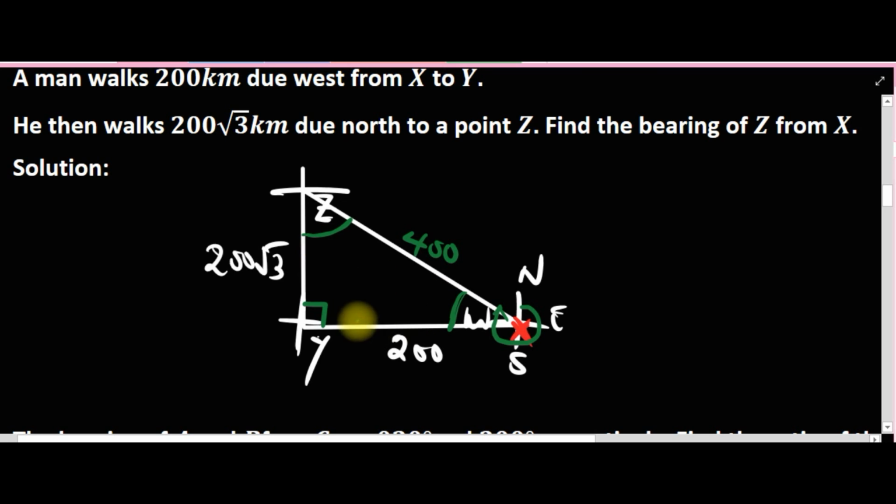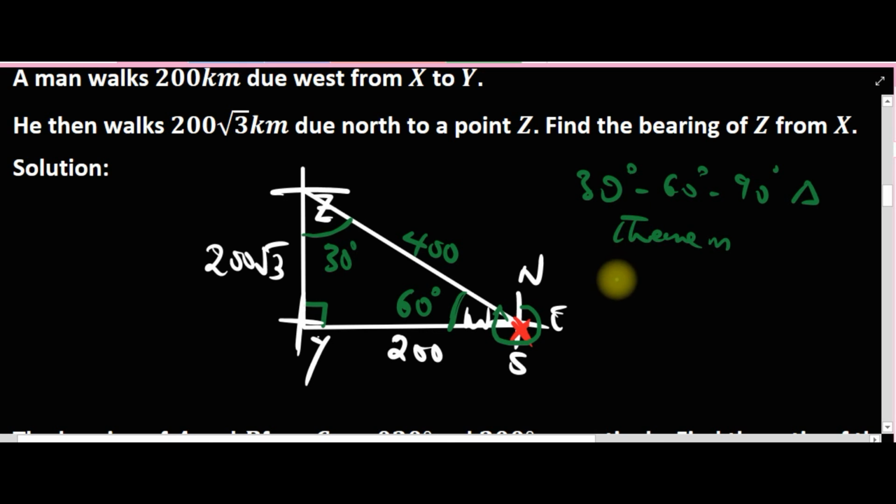The angle facing the smallest side, 200, is 30, while the one facing 200 root 3 is 60. It's called the 30, 60, 90 triangle theorem.